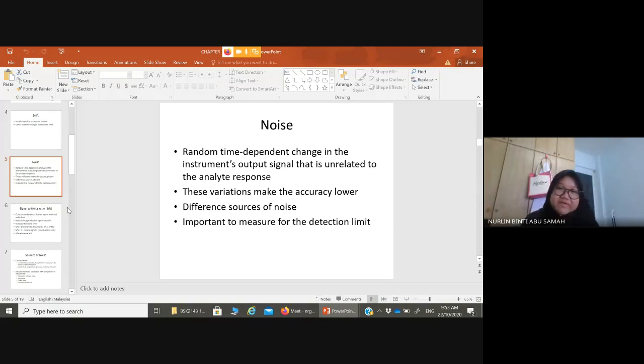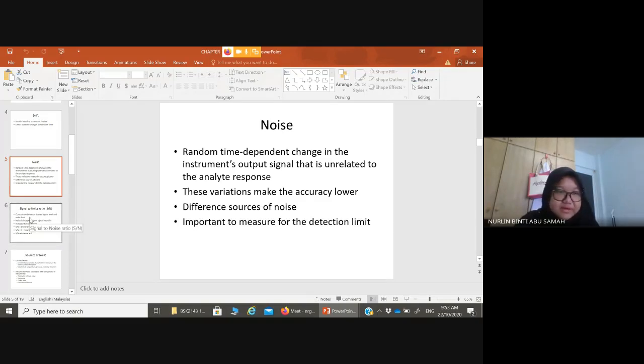When you have very high noise, the accuracy will become lower. The result or the signal you want will not be accurate. That is the problem.